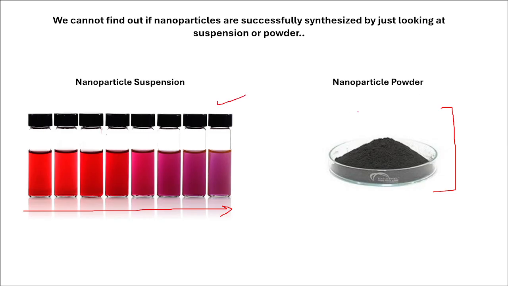Based on this, we cannot scientifically say that we have synthesized nanoparticles, because we cannot find out if nanoparticles are successfully synthesized by just looking at the suspension or powder. At this stage, we don't know if the nanoparticles have been synthesized or not.